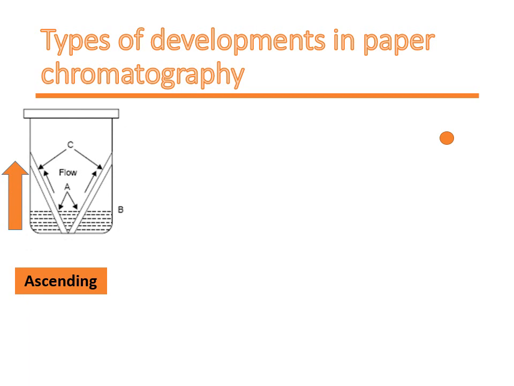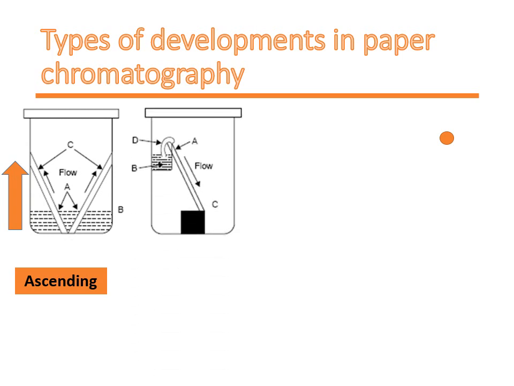Opposite to this is the second type, that is the descending technique. As the name indicates, this technique involves the movement of the mobile phase in the downward, or descending, direction.